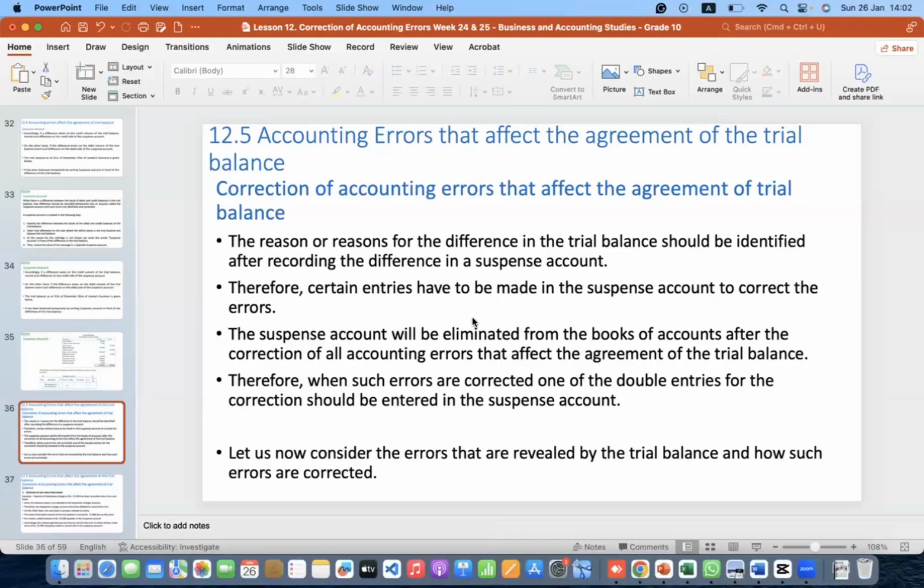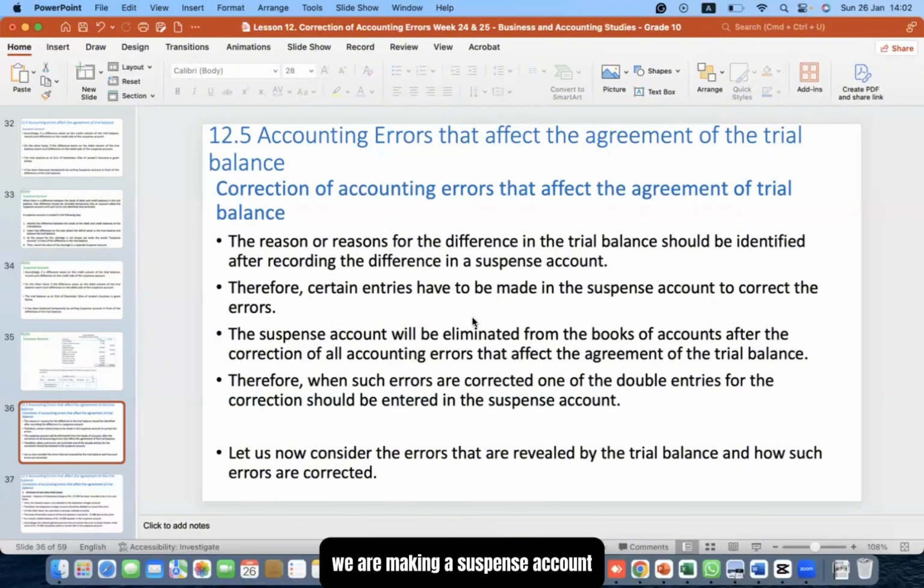Okay, then now when we have errors that affect the agreement of the trial balance, we are making a suspense account. So after creating that suspense account, we have to sort it out. As I said, we have to solve it and we have to clear the balance in the suspense account.